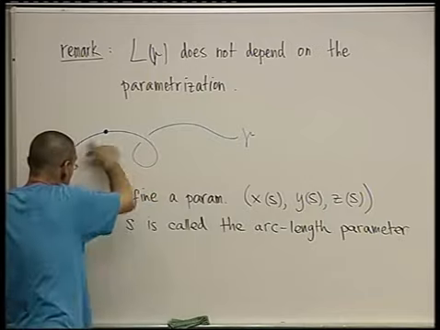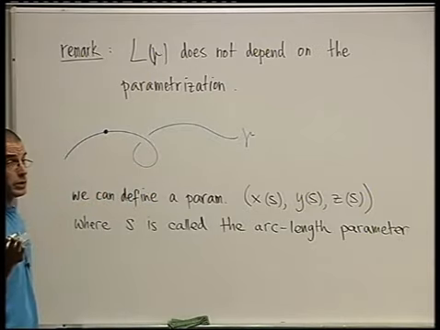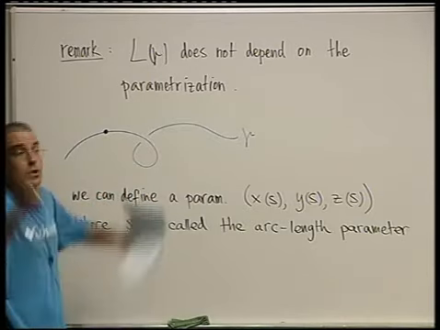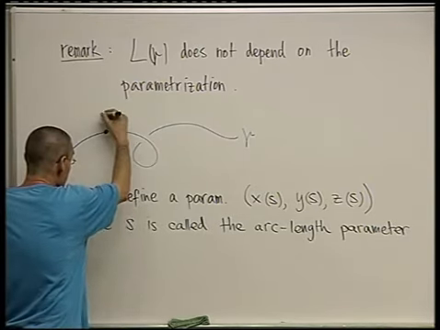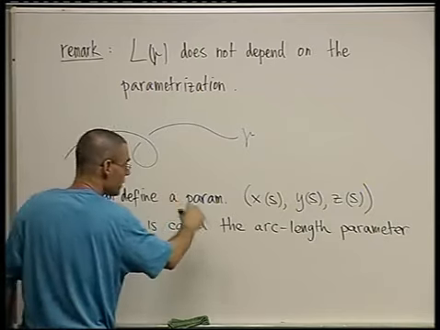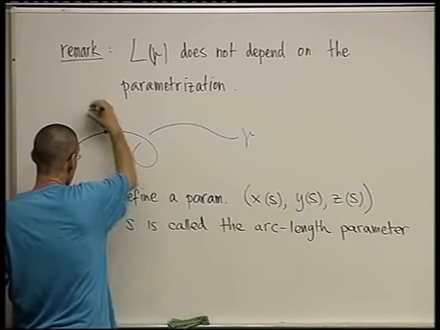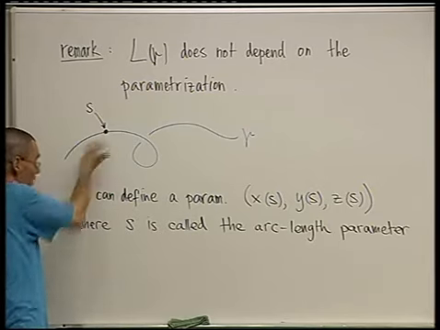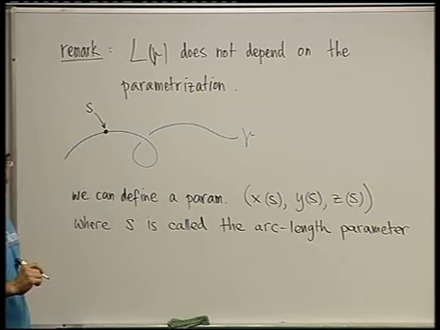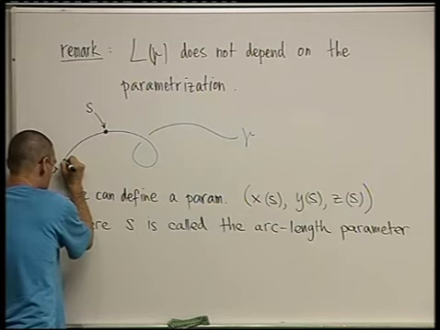So we can measure this in whatever way you want. You can do it by choosing some other parameterization and using that to measure. But this would correspond to the value s, where precisely s is the length of the curve up to this point. Okay?